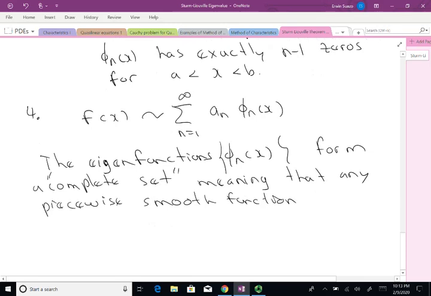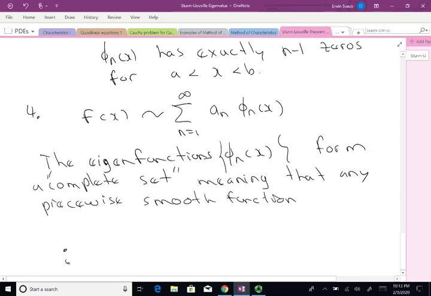So that means this f of x could be continuous between 0 and L, or, let's say this is 0, this is L, it could be piecewise continuous. So f could be this one, or f could be this one, continuous or piecewise continuous.